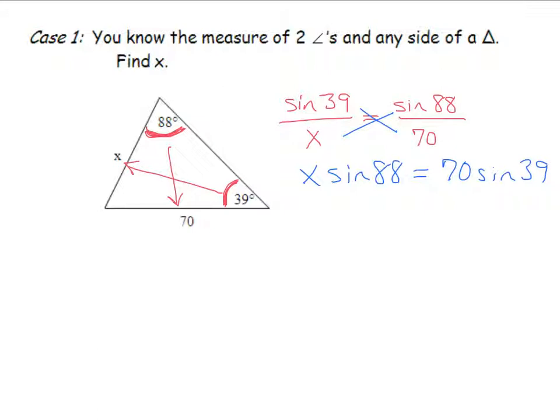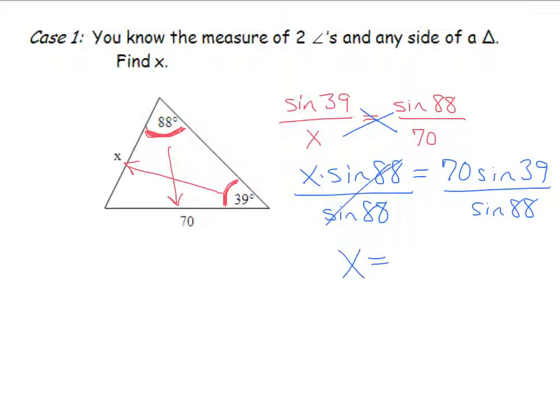Now I normally tell my students to keep things the way they are and not just jump right into solving and getting decimals, but to try to solve for the x instead of rounding right away. So what I'm going to do then is solve for the x, since it's a multiplication, get it by itself by dividing both sides by the sine of 88. When I do that, I'm left with x equals.